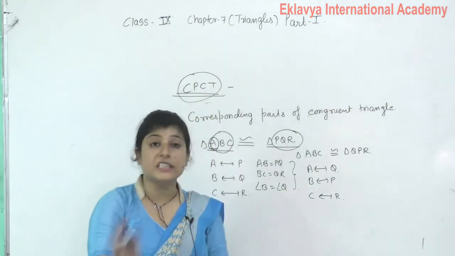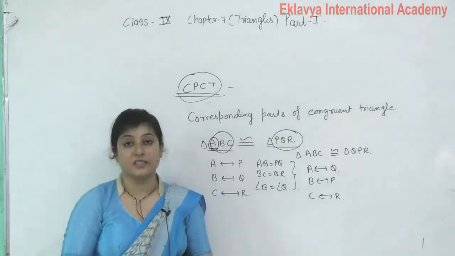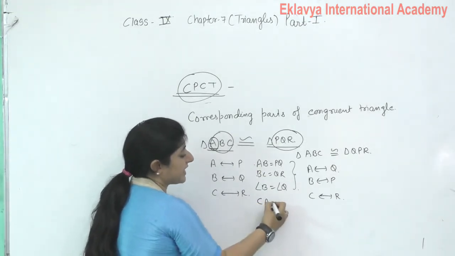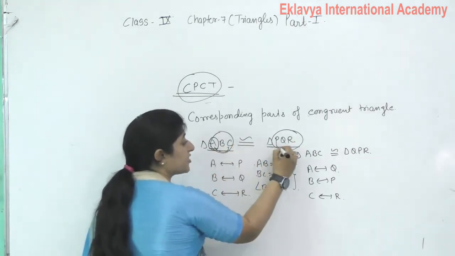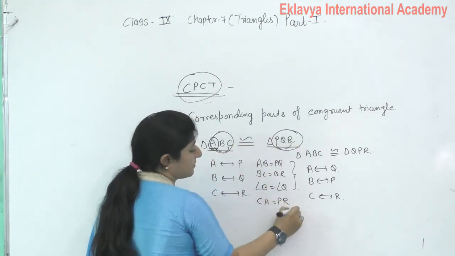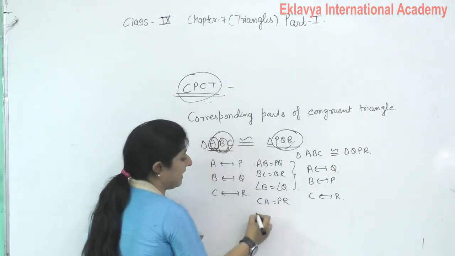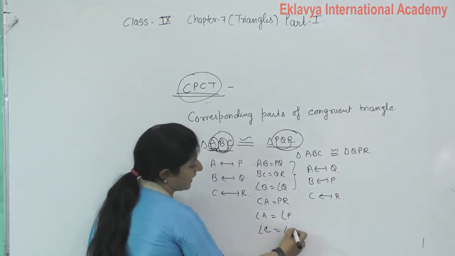CPCT means the other 3 corresponding parts are also equal. It means the remaining side is CA, or we can say AC. Then for CA there should be equal PR. For the angles, angle A is equal to angle P, angle C is equal to angle R.